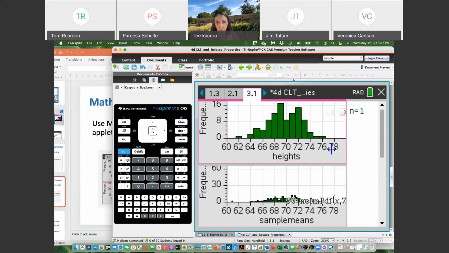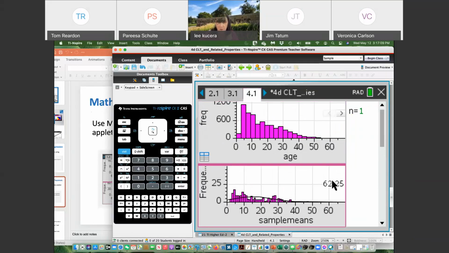And here, if we start with a normal distribution, 200 samples of size 1 is going to be normal, so it's just going to get skinnier. When I start with a skewed distribution, sample size of 1, it's still skewed. When I go to sample size of 2 and on, it starts getting approximately normal very, very quickly.